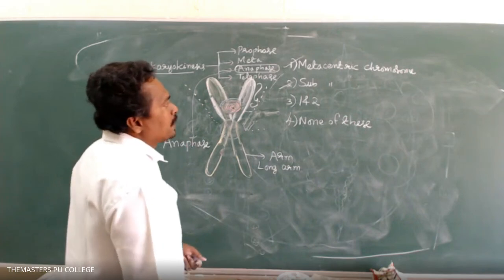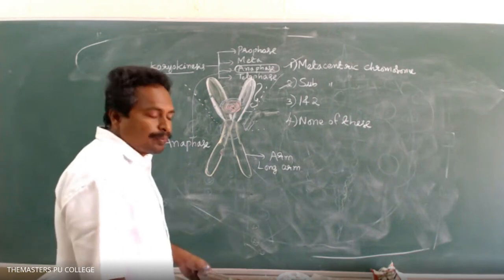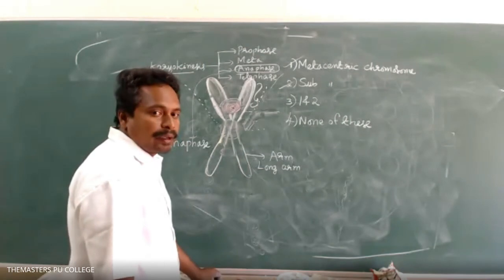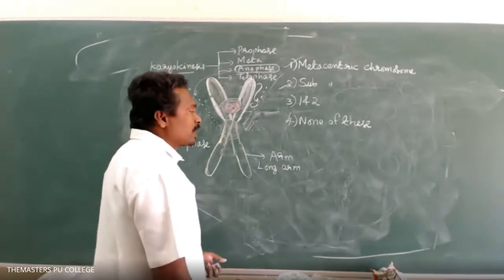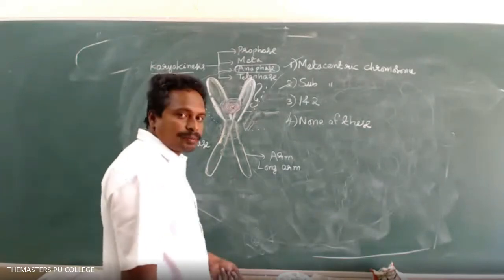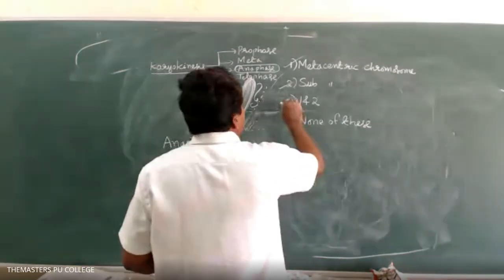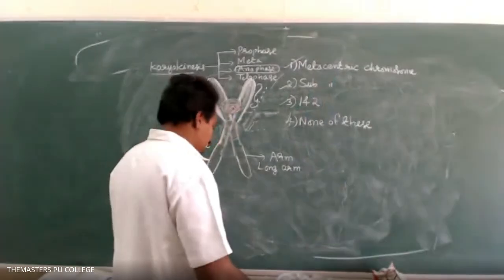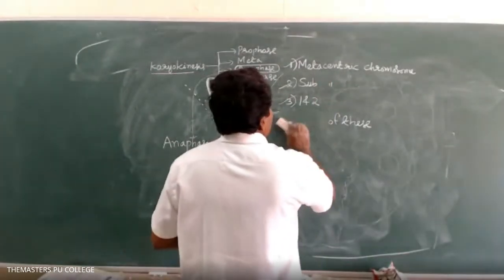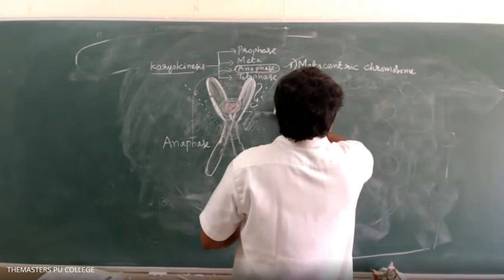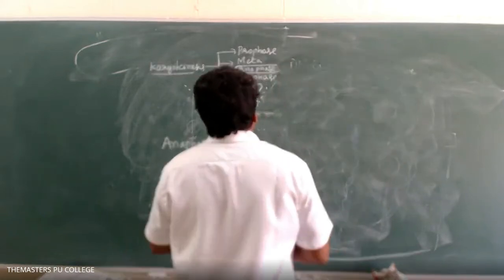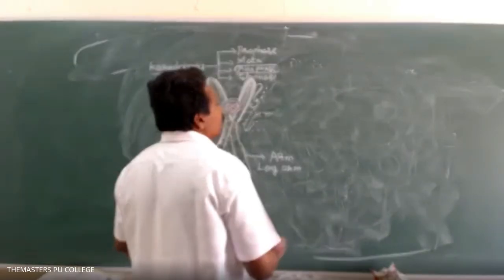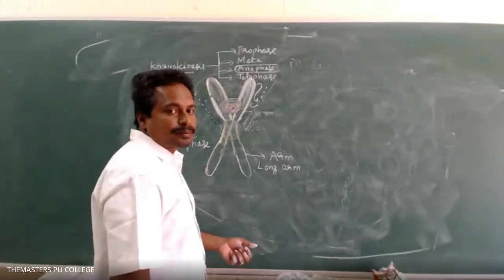Which of the following are the types of chromosomes based on the position of the centromere? Option 1 is metacentric, option 2 submetacentric, option 3 is 1 and 2. Right, submetacentric chromosome. What is the third type of chromosome? Acrocentric, sir.